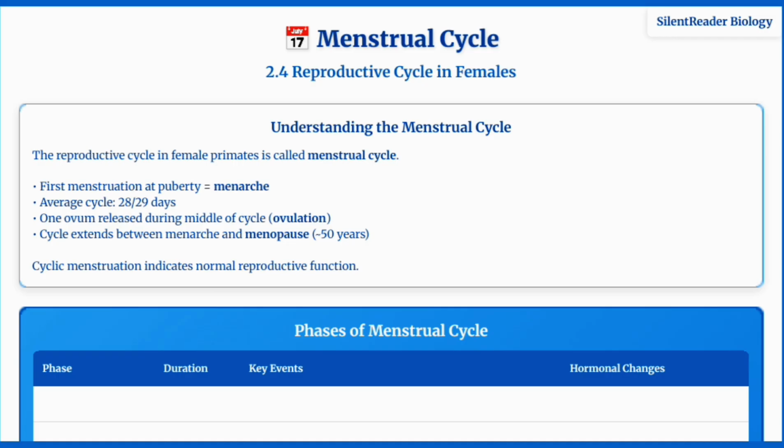The luteal phase sees the remaining follicle transform into the corpus luteum, which secretes progesterone to maintain the endometrium for potential implantation. If pregnancy occurs, the corpus luteum continues functioning. If not, it degenerates, leading to menstruation and a new cycle. This entire process is regulated by complex interactions between pituitary and ovarian hormones.